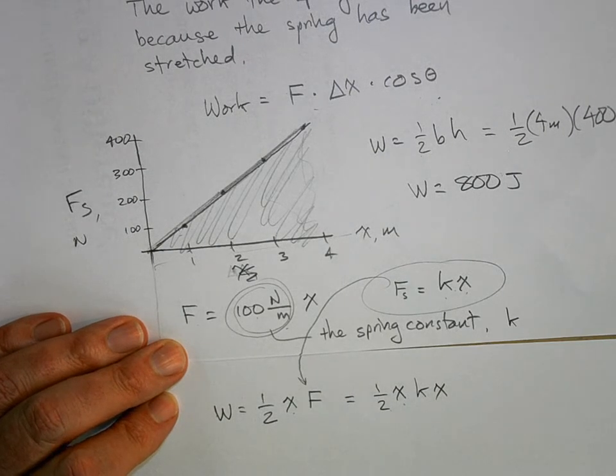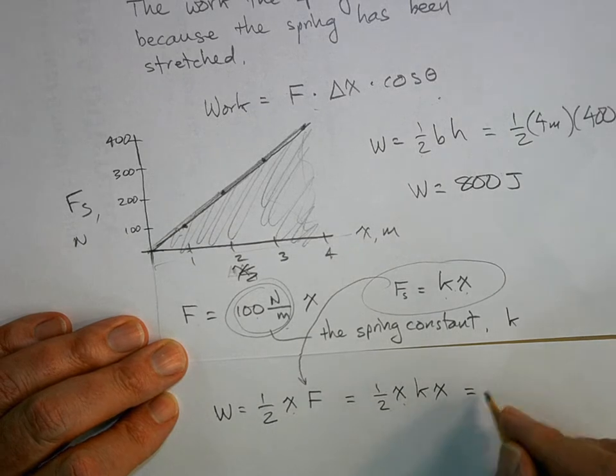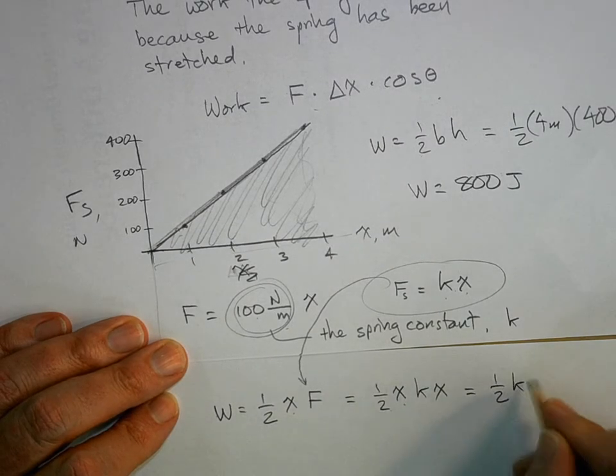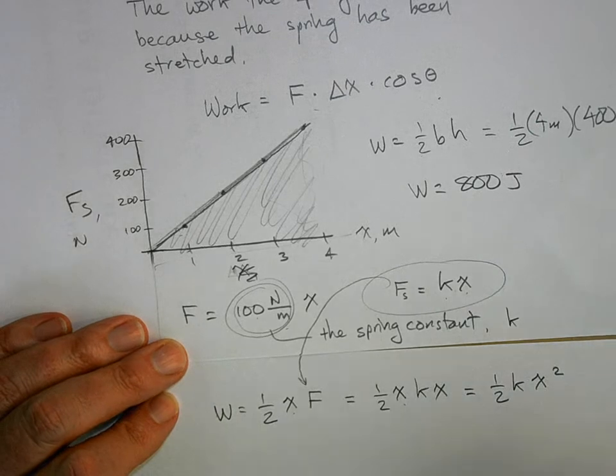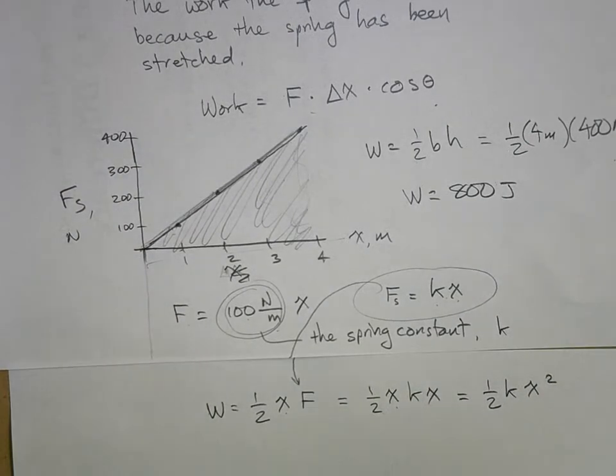So this gives me 1/2 kx squared. This is the work that a spring can do because it's been stretched or compressed. It works for compression as well if you have a spring that will allow that, and x is the distance from the equilibrium position.